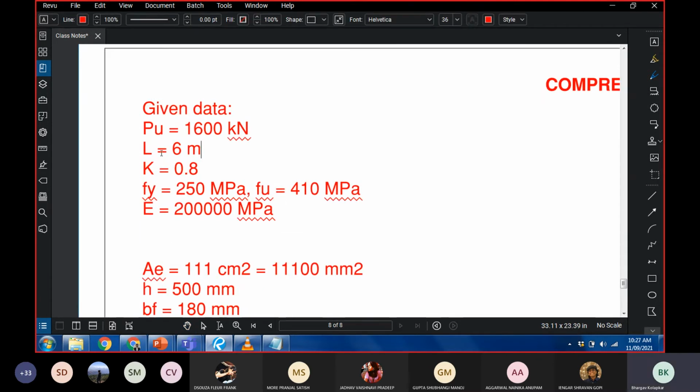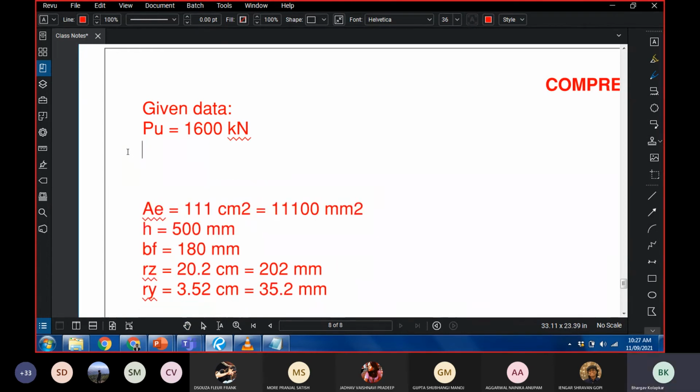Then what has been given is the effective length of 5 meters. So you already have an effective length. You don't have an unsupported length.